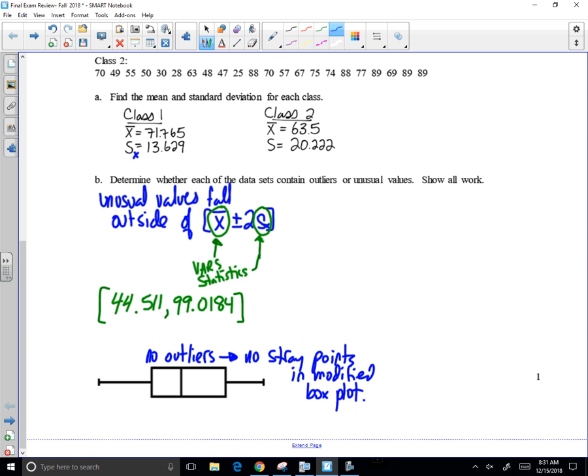There are no outliers because there are no straight points in the modified box plot. That's all I need from you. If I ask you, here's a data set, tell me if there are any outliers, I don't even need the picture. What I need is, yes, there are outliers because there are straight points in the modified box plot. Or, no, there are no outliers because there are no straight points in the modified box plot. That's all I need. I don't need the picture. I don't need anything else.